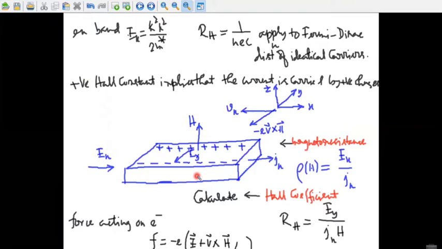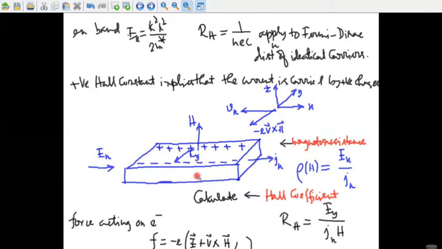If you place the magnetic field and the direction of the electric field, the y direction of the electric field, you get the right direction.